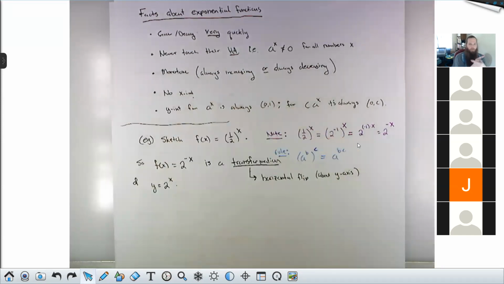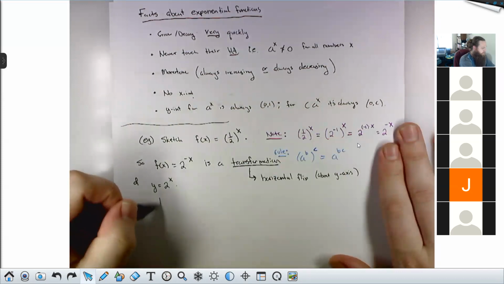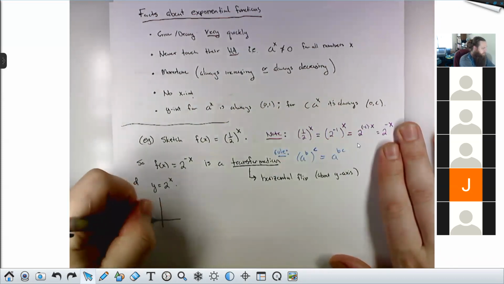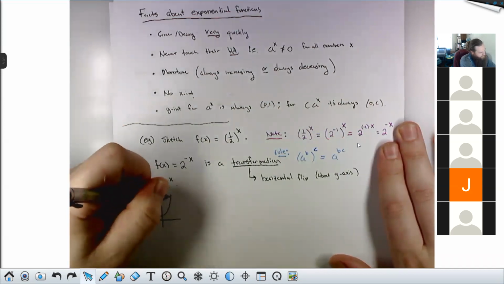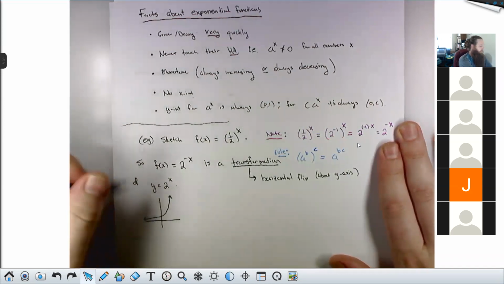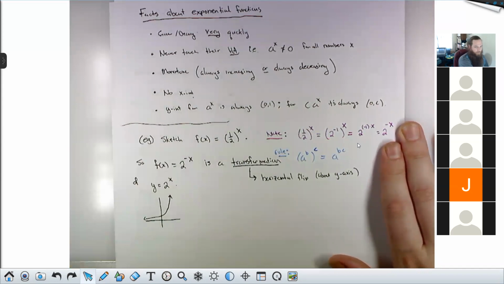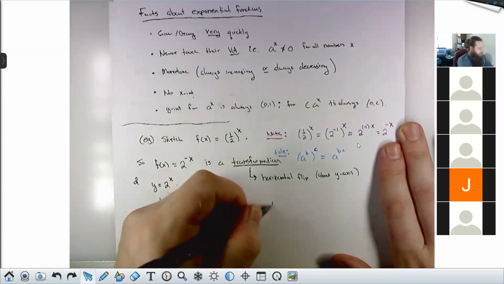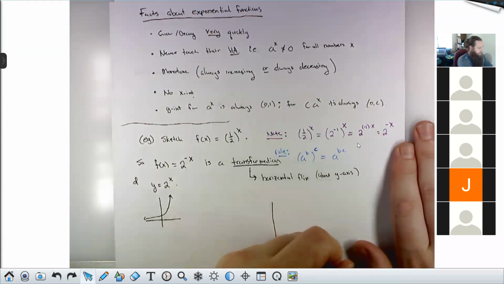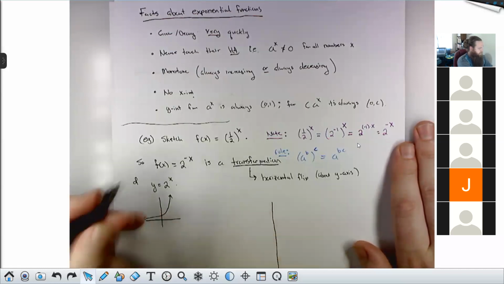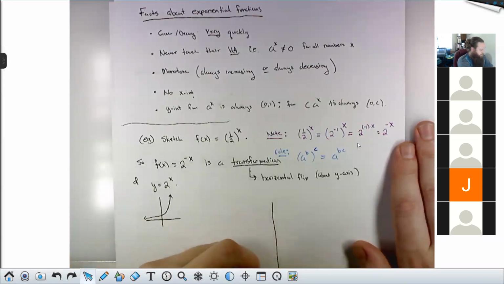Spin it around horizontally. So we remember 2 to the x, it's like this. So 2 to the negative x is this flipped over. So I'll go ahead and draw it down here, and I'll draw it carefully with some points. That means, so what did I do?